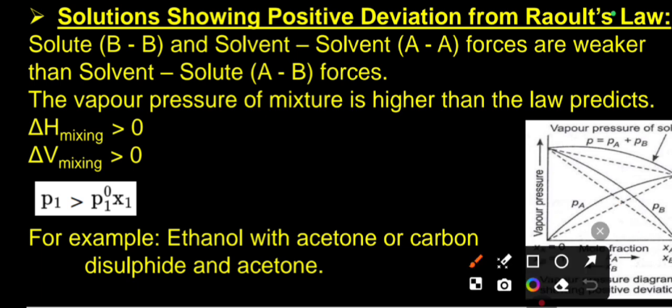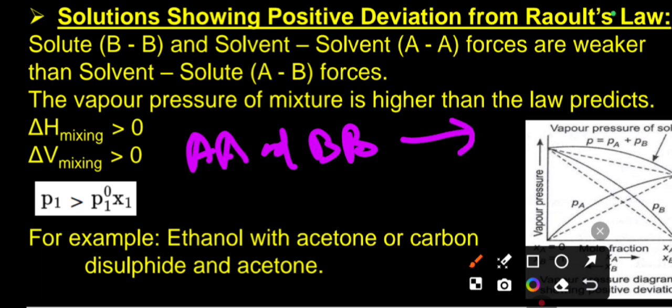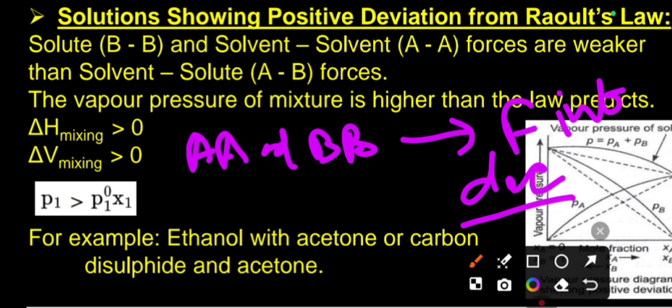In the same way, if you have taken the components A and B, and after mixing the forces of interaction decrease, the bond formed will be weak, and it will evaporate easily.